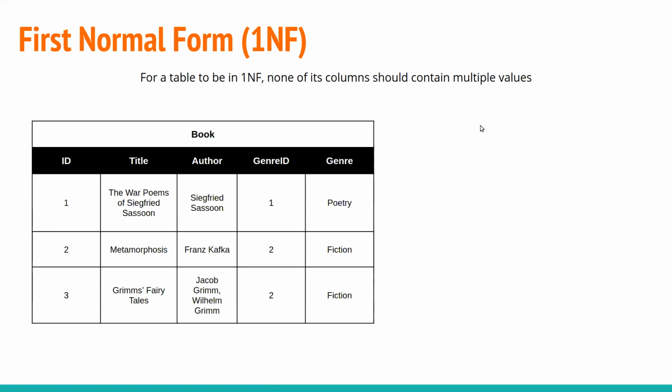Where does this table have multiple values in a single field, a single cell? Which cell or which column contains multiple values? Someone says yes. I'm going to tell you this table is not in 1NF. And it's not in 1NF because of one cell in particular. One particular cell breaks this table's 1NF.